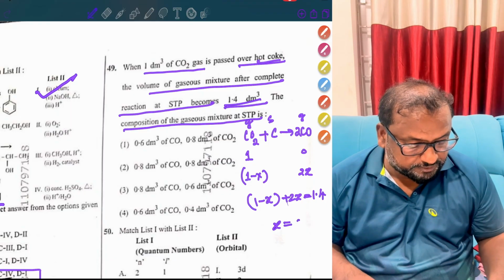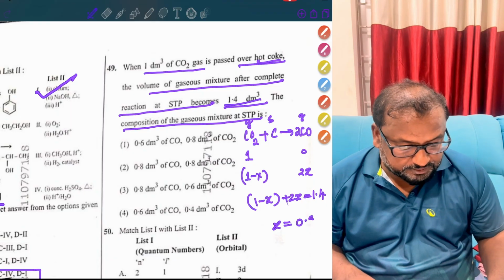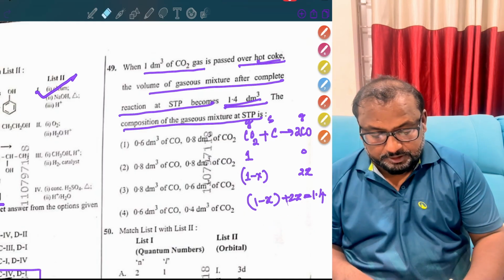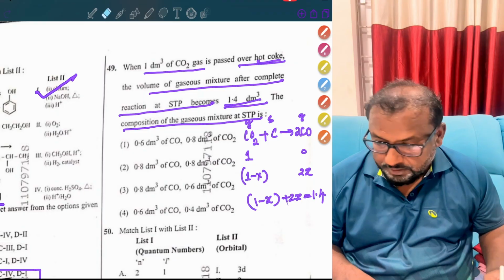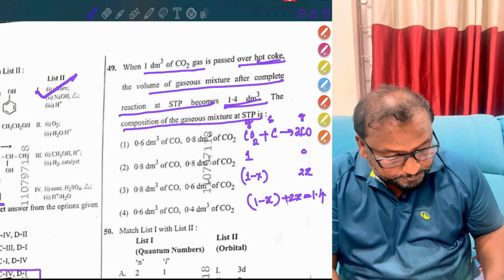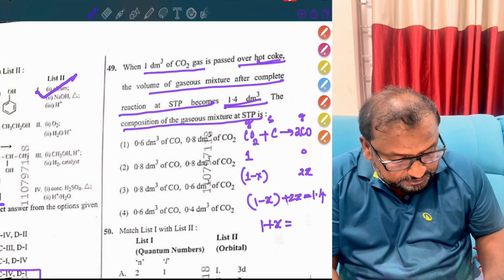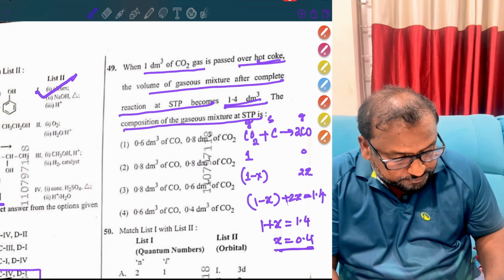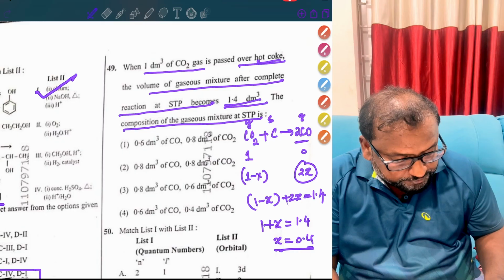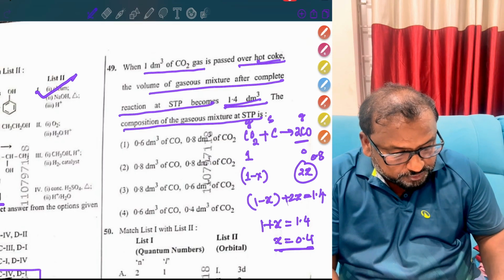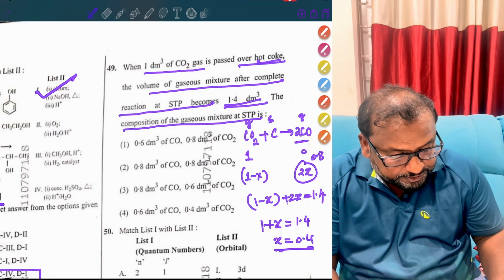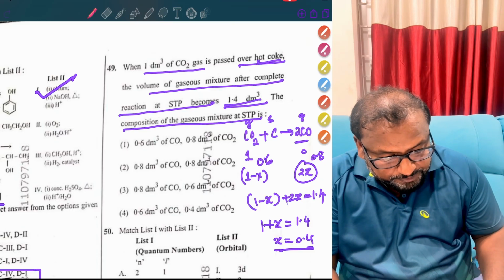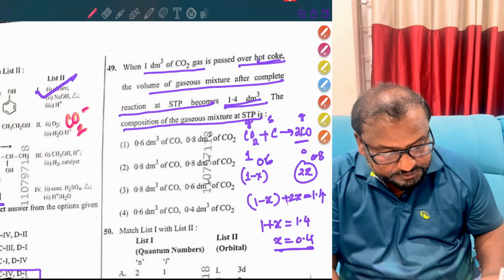So 1 plus x equals 1.4, x equals 0.4. So 2x will be CO, that is 0.8, and 1 minus 0.4 is 0.6 for CO2.